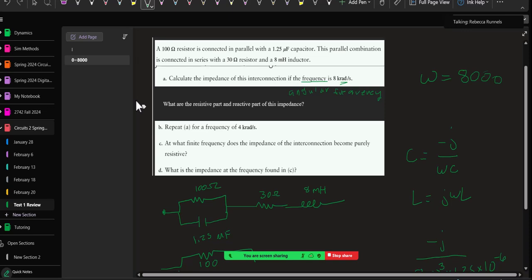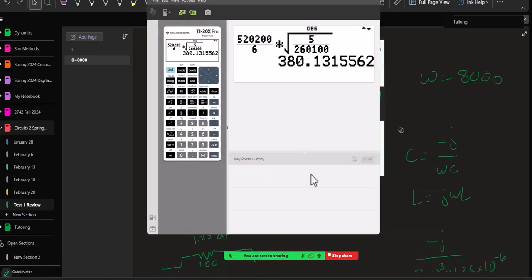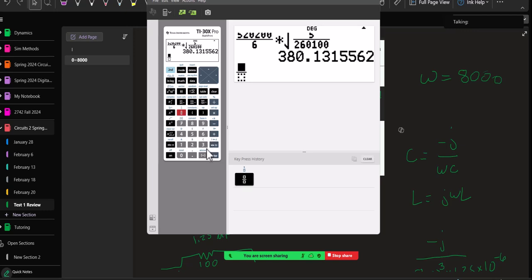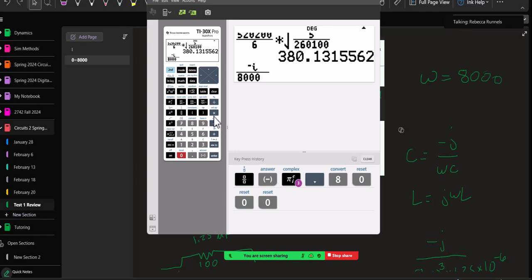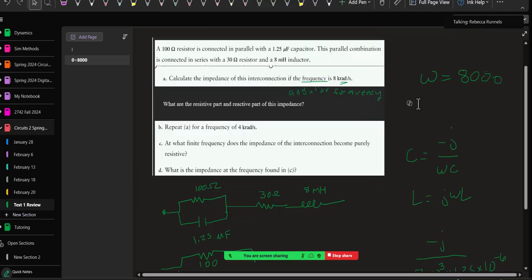So where was I? Minus J over 8,000 times 1.25 e negative 6 is minus J100.